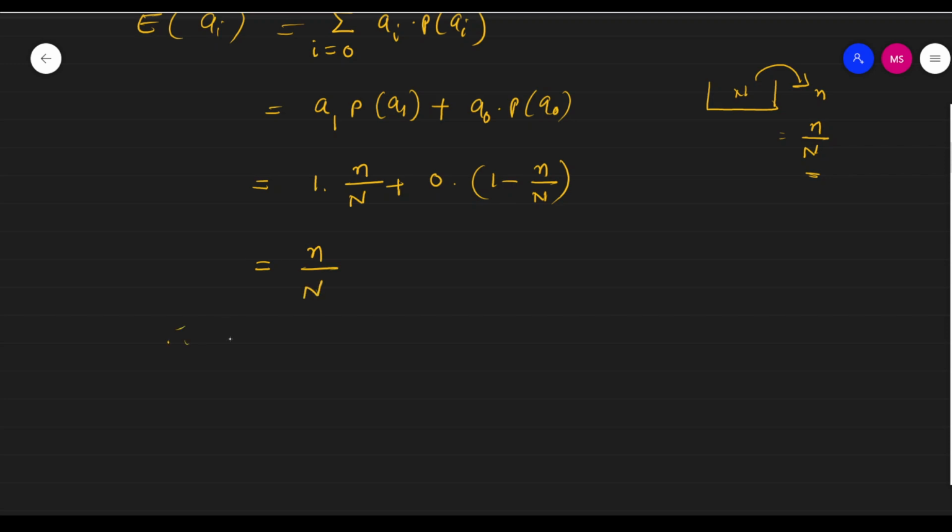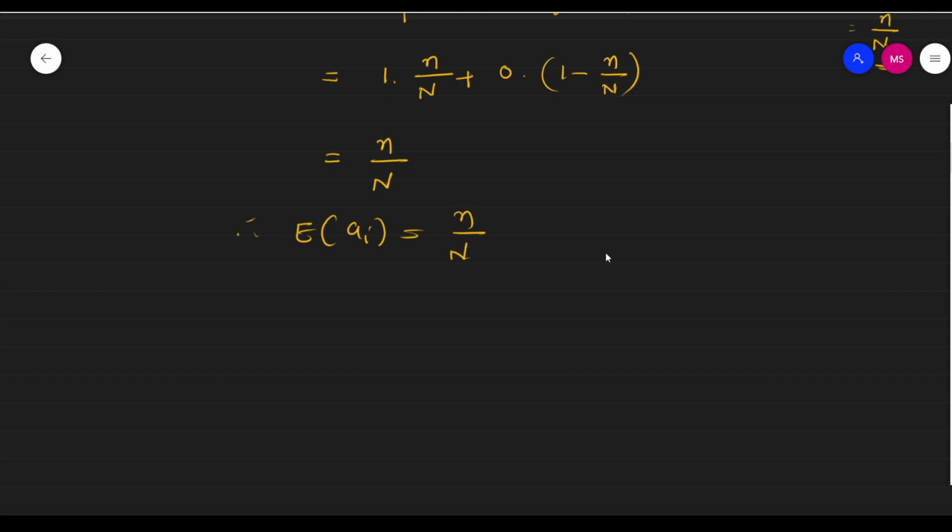Therefore, expectation of ai is equal to n by capital N. Very simple. Now substitute the expectation of a into the above equation. Therefore, expectation of small y n bar is equal to 1 by n summation i running from 1 to capital N, expectation of a means n by capital N into yi.